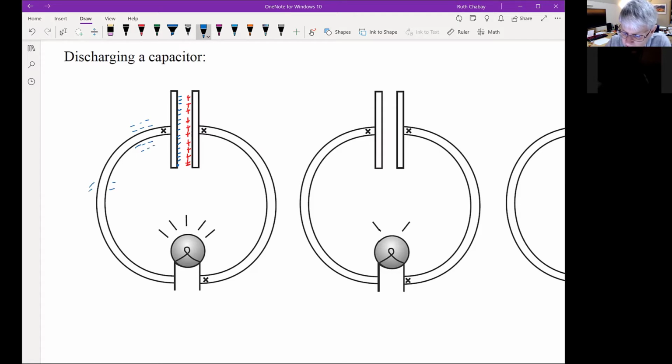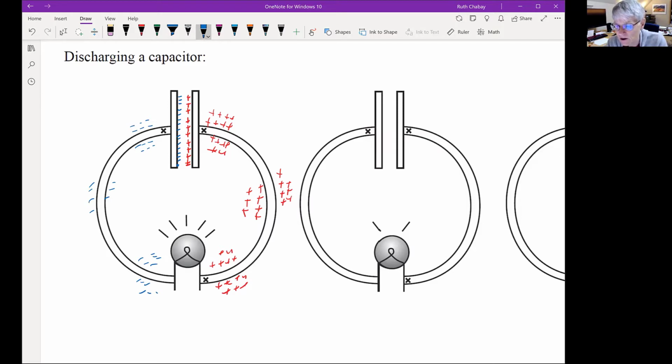We'd have a gradient of charge, and some positive charge here, and here, and here. And we need a big gradient across the light bulb because we need a big electric field here.